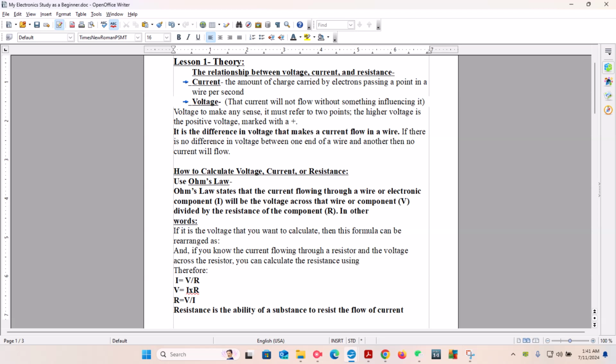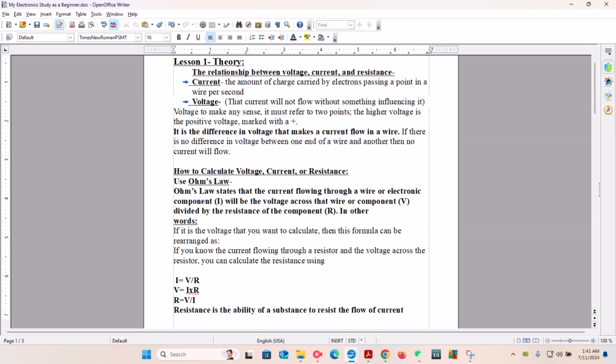If it is the voltage you want to calculate, then this formula can be arranged 3 different ways. If you know the current flowing through a resistor and the voltage across the resistor, you can calculate the resistance.